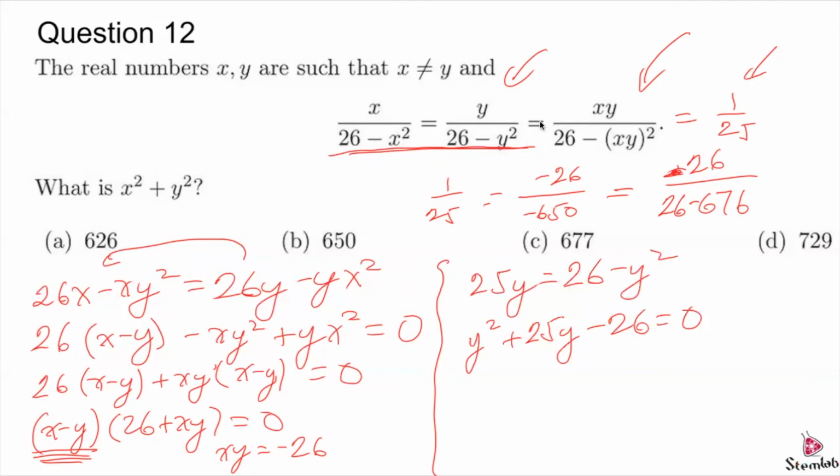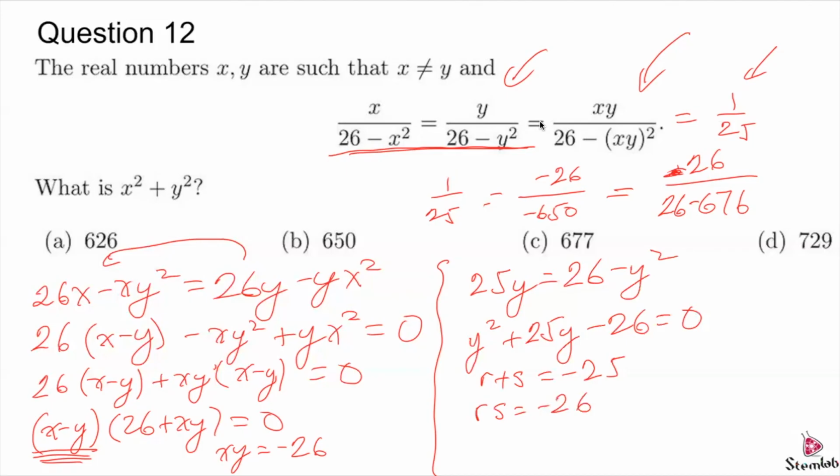Okay, so again, back to the sums and products of roots. We have r plus s, which is going to be our x plus y that we're looking for, is equal to -25. Okay. And rs is equal to -26. So we're looking for x squared plus y squared. So we square r plus s.